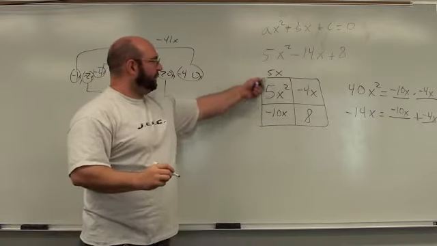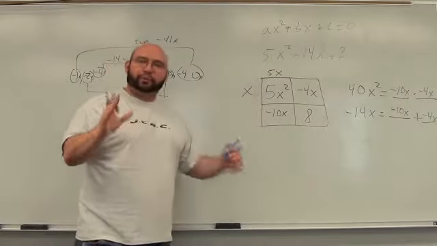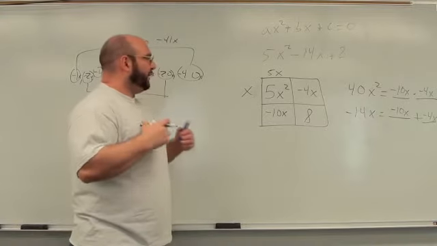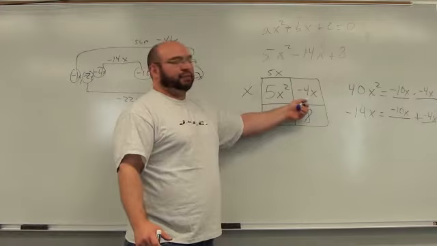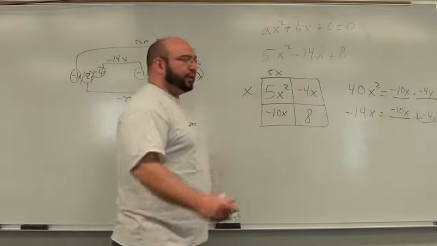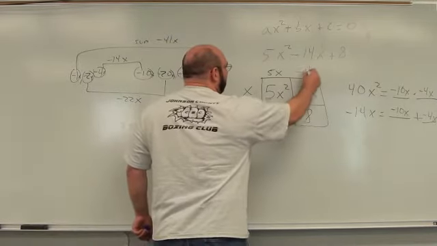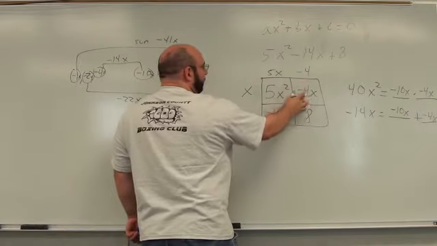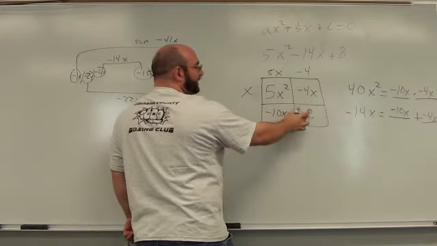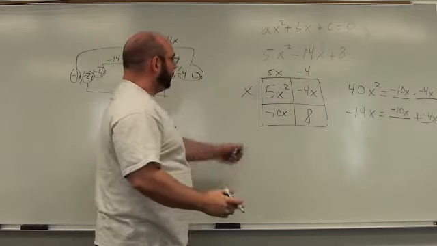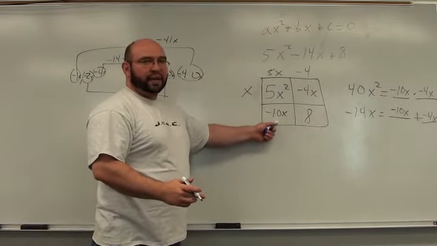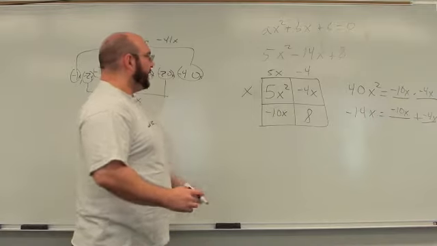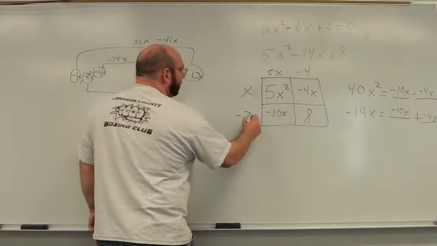Well, x times 5x is 5x squared, so I'm good on that. Now the way that I like to do it is x times some number is going to give me a negative 4x. So that number is going to be negative 4. Notice that negative 4 will fit into both negative 4x and positive 8. So something times 5x will give me negative 10x. So that something has got to be a negative 2.